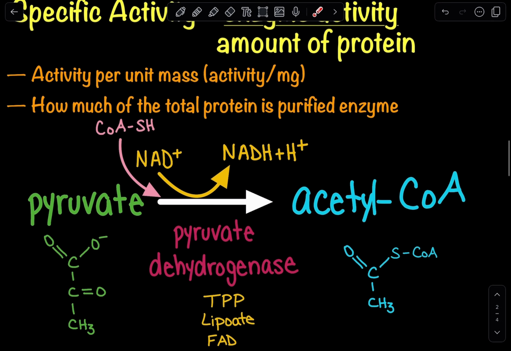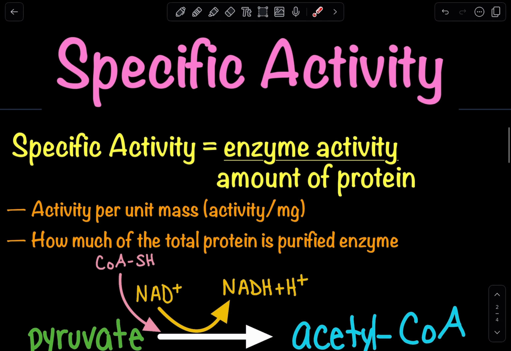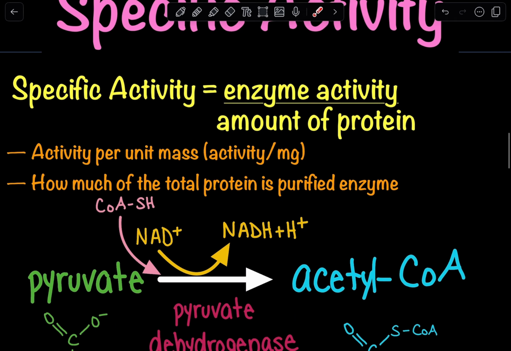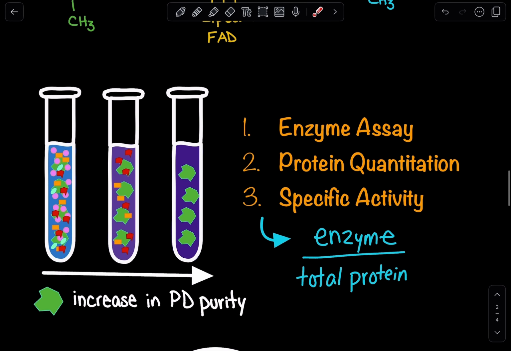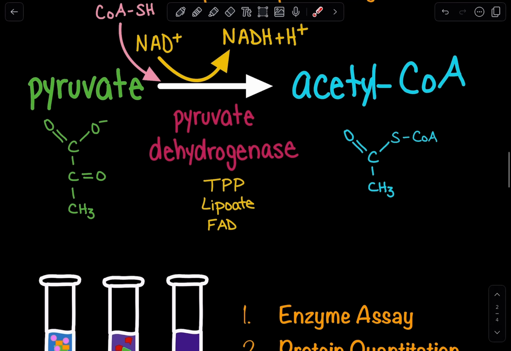Essentially, once again, specific activity is just a relation to how much of the purified sample of protein is in fact the enzyme itself. In order to do that, we first have to perform an enzymatic assay, then we quantify the protein, and then using those two values, we determine the specific activity.